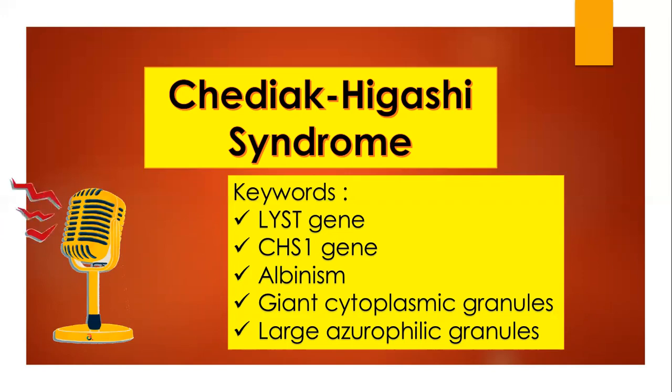In Chediak-Higashi anomaly, the large azurophilic granules stain positive with stains such as peroxidase or myeloperoxidase, Sudan black B, and acid phosphatase.